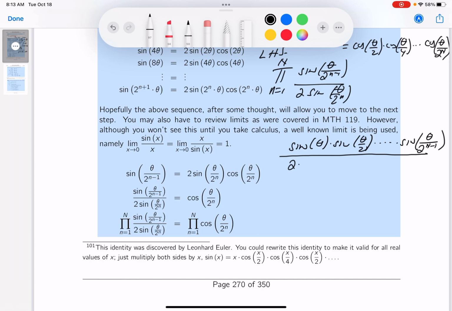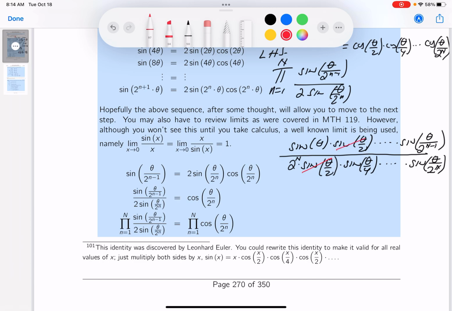What's the bottom going to look like? 2 times sine theta over 2. Now the next one's going to be another 2. So what do I start to realize? There's going to be big N factors of 2. Sine theta over 4 times and so on. It goes up to some stopping value, and that's going to be sine of theta over 2 to the big N. What I'm going to do now is look for cancellations, and I see some.